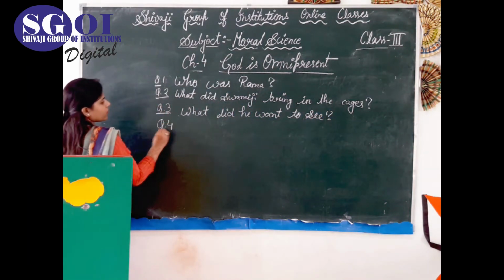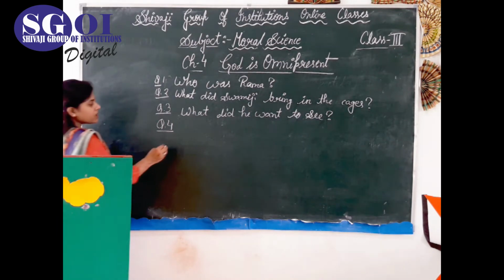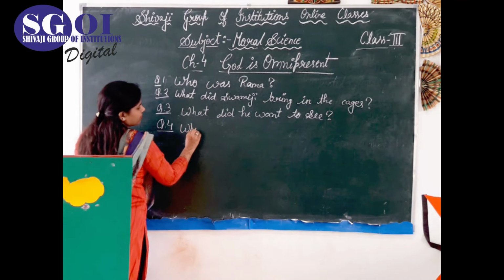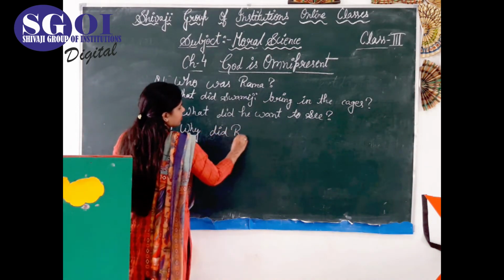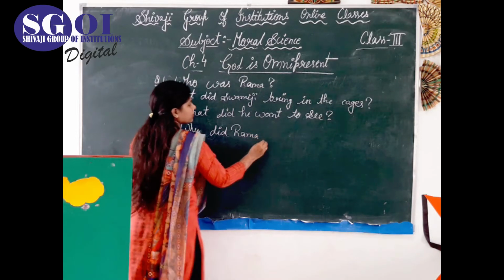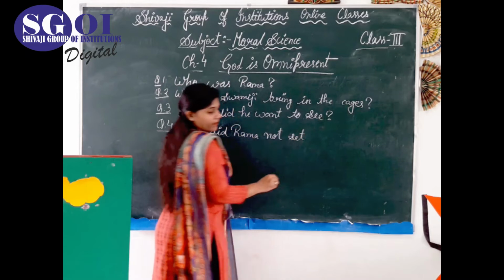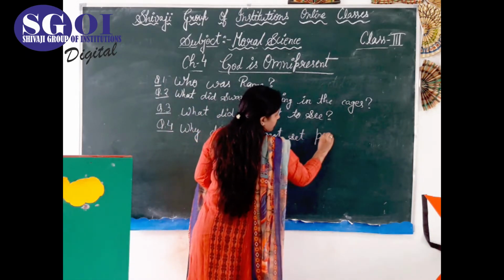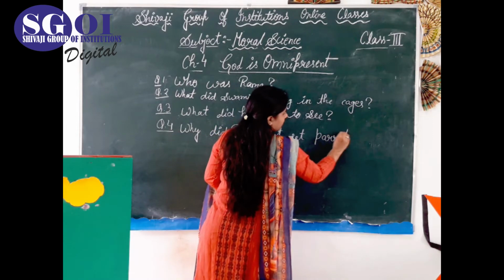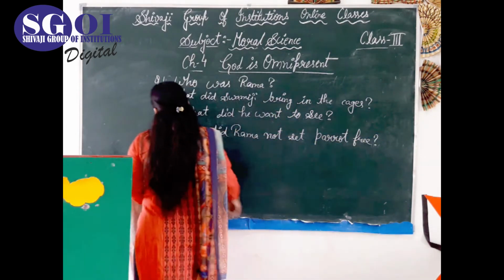Now question number 4. Fourth is why did Rama not set parrot free?